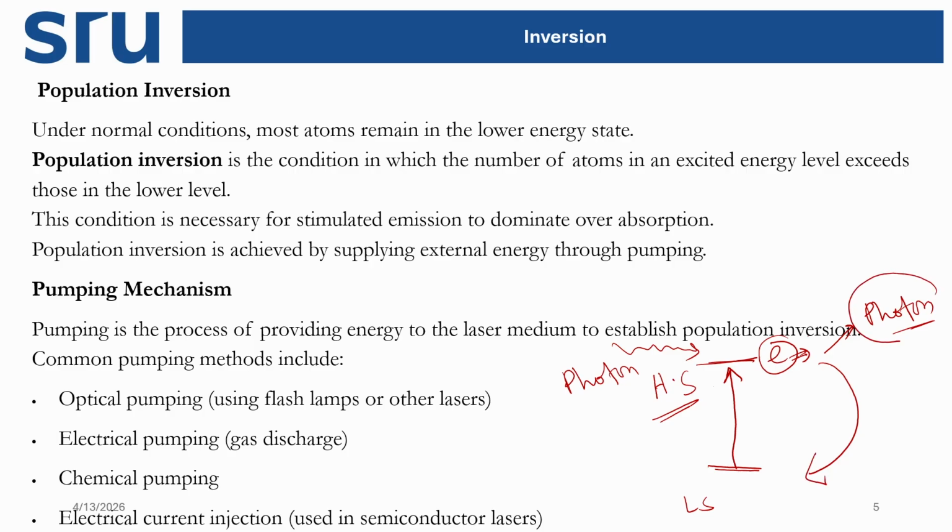The photon it emits in the excited state has the same behavior and properties as the interacting photon. One photon came to interact with the higher energy electron, and the electron produced a photon with exactly the same behavior as the previously interacting photon.